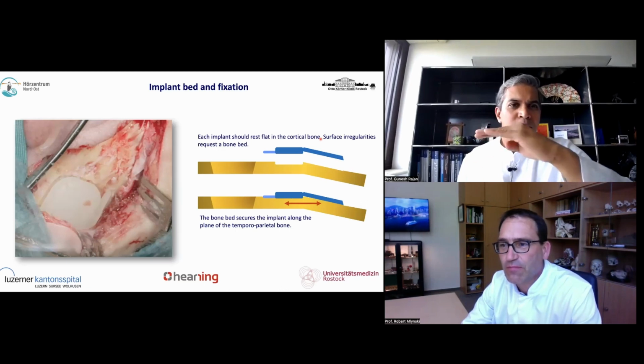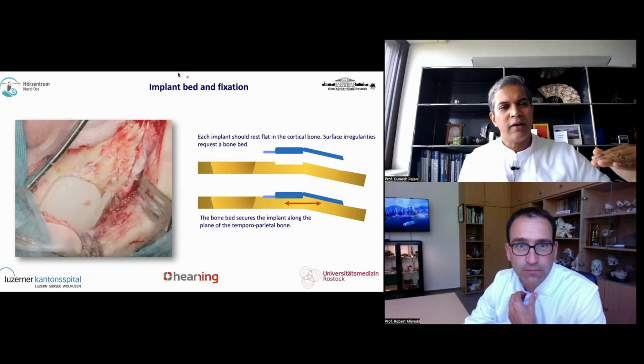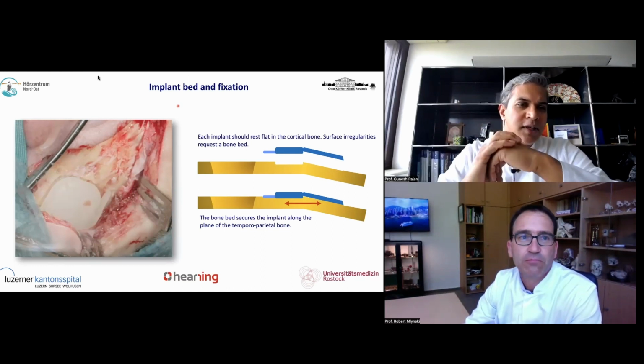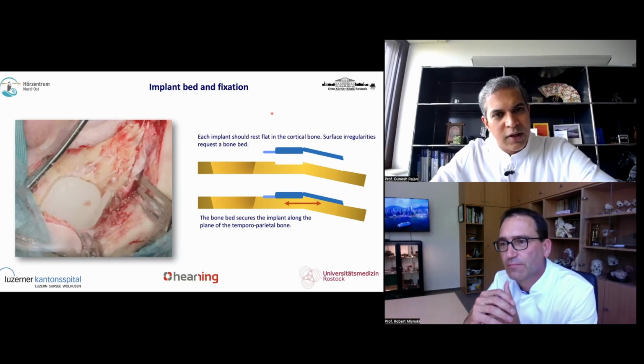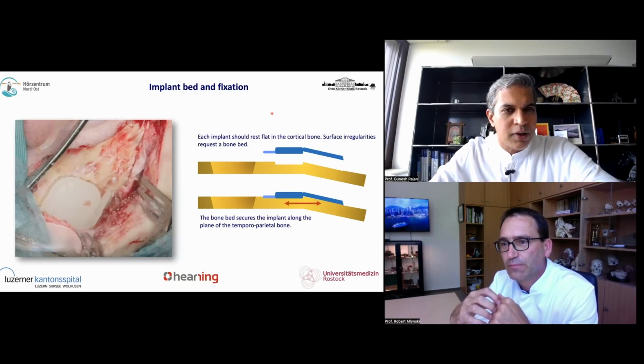And if you do the pins and then recess the lead in a canal, you have this step between implant and lead, so this kinking. So I'm not sure how good that is for the lead in the mid to long term. But I don't regularly use the pins.